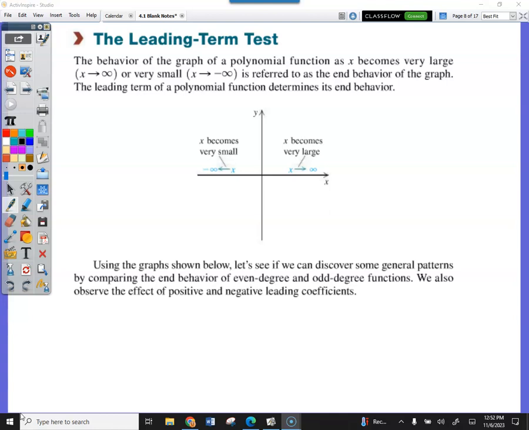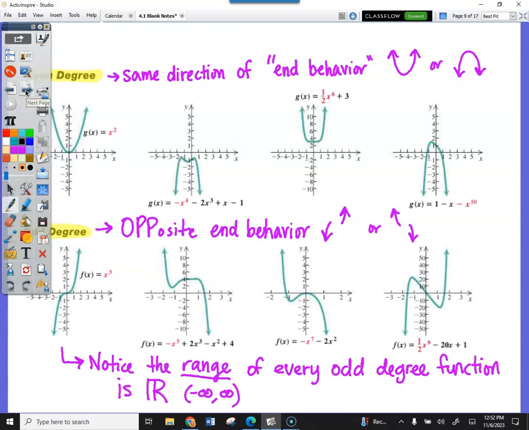As we were saying, you already know how to do the leading term test with quadratics. Positive leading coefficient, it opens up. Negative, it opens down. Okay. The same rule applies with polynomials. So the only thing you have to really learn is the odd degree polynomials. That's the only one you have to learn. And the reason for that is because even degree polynomials, whether it's 2, 4, 6, 8, 10, 12, you see the pattern, does not matter.